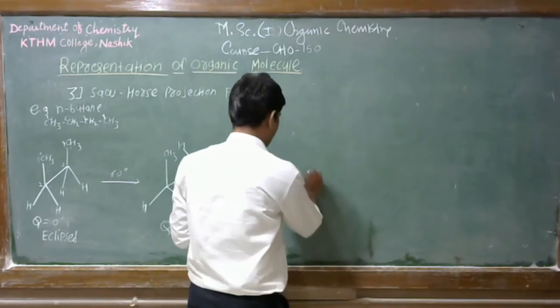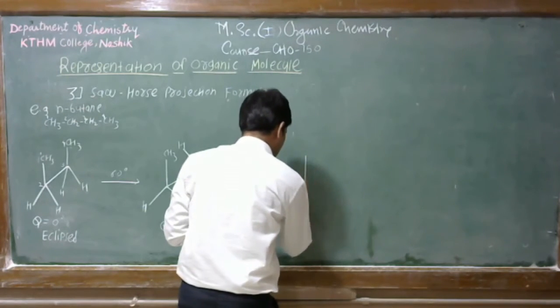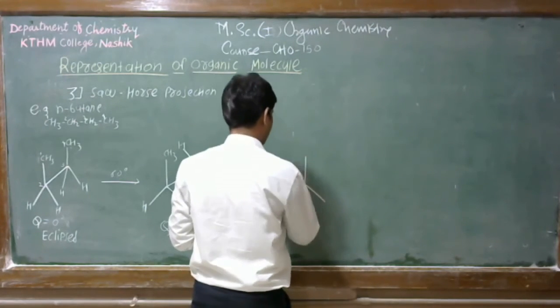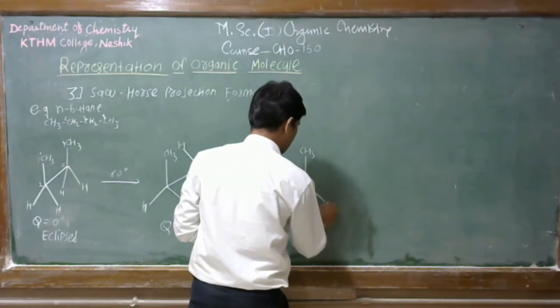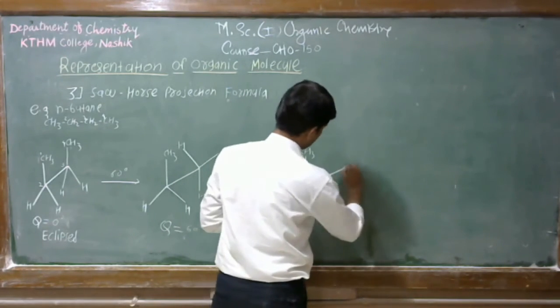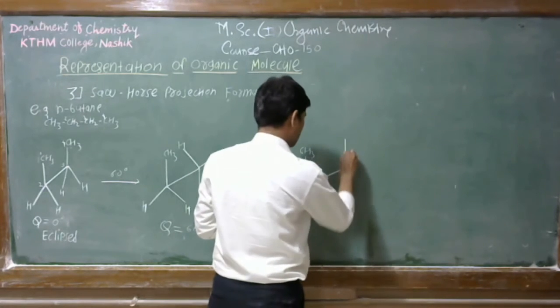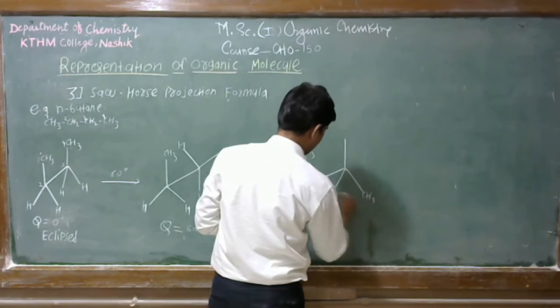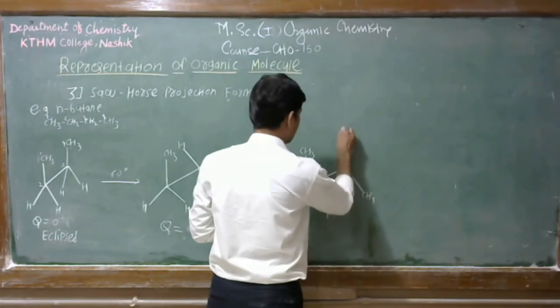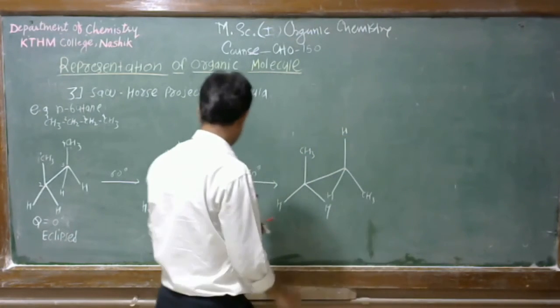The structure will be like this. The configuration at carbon number 1 is the same here. This is CH3, this is hydrogen, this is CH3 here, this is hydrogen here, this is hydrogen here.